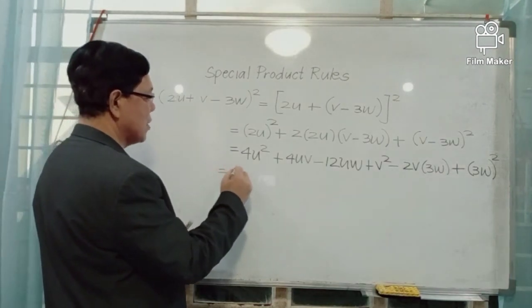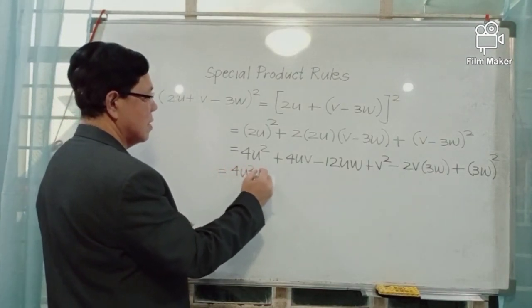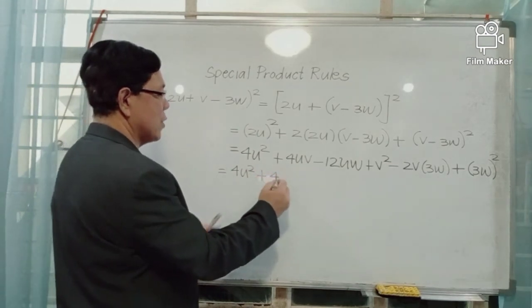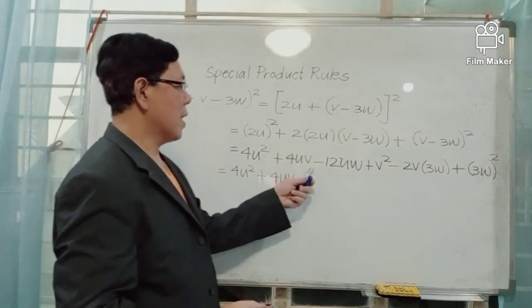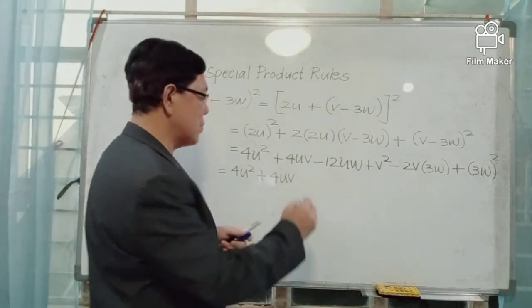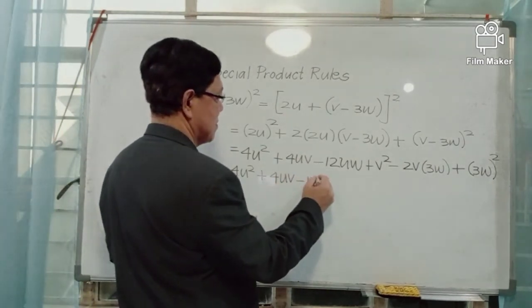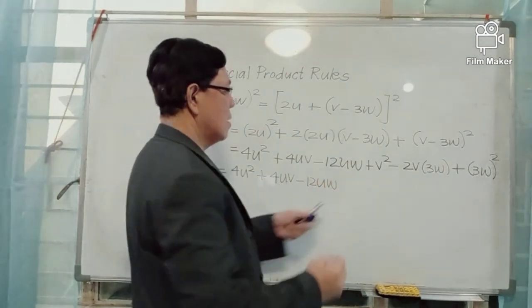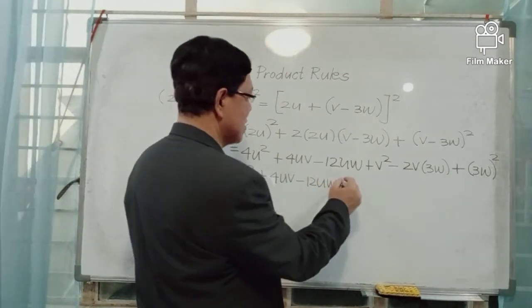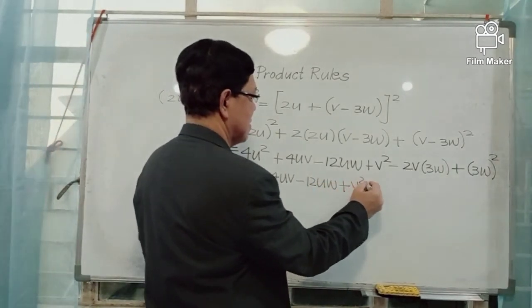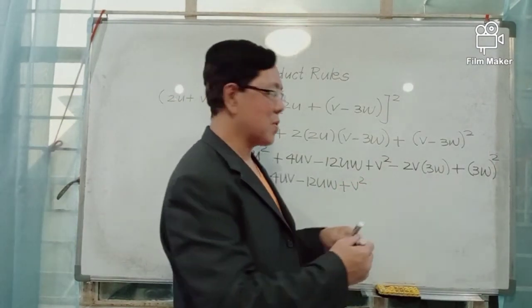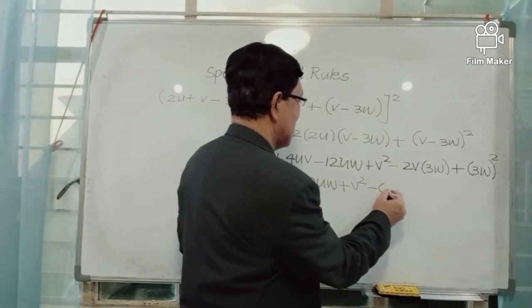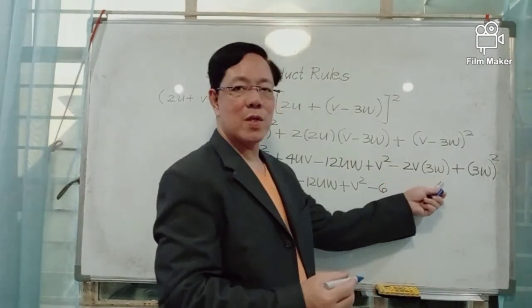We have 4u squared plus 4uv minus 12uw plus v squared. We have negative 2 by 3 is negative 6, negative 6vw.